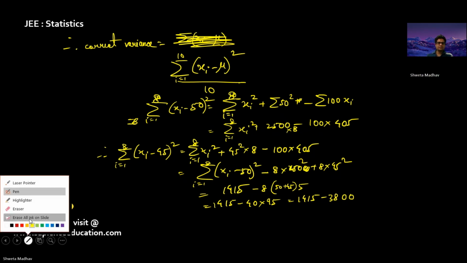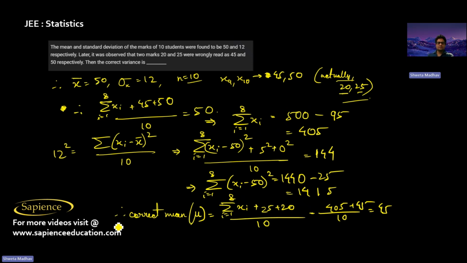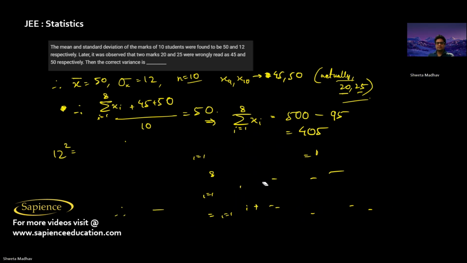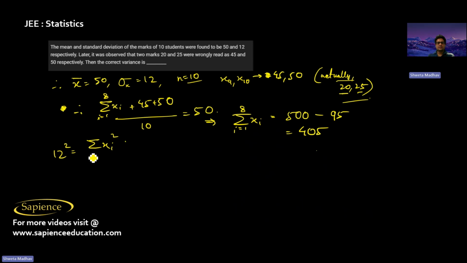So actually, instead of writing like this, we can write the variance sigma square, that is summation xi square, i goes from 1 to 8, plus 45 square plus 50 square, divided by 10, minus x bar square, that is 50 square.